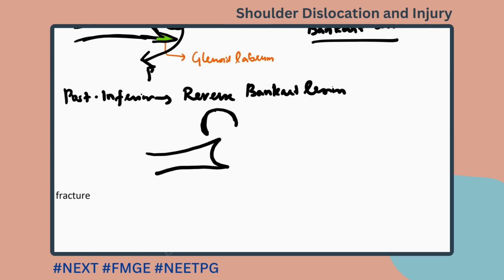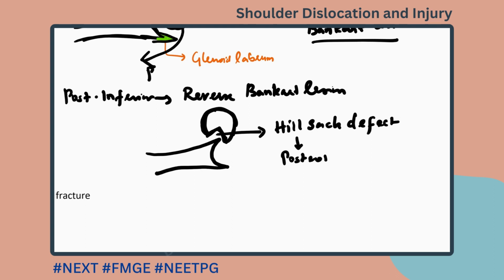When it goes anteriorly, it hinges over the glenoid, and it causes a defect here. This defect, which happens in the humerus, is called Hill-Sachs defect. What is this defect called? Hill-Sachs defect. And Hill-Sachs defect occurs in the posterior-medial portion of the humerus.